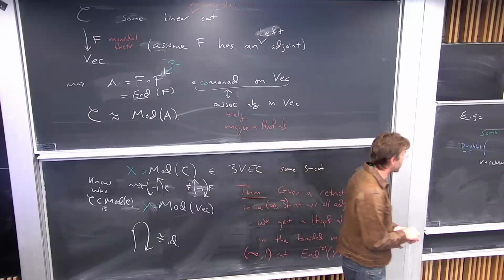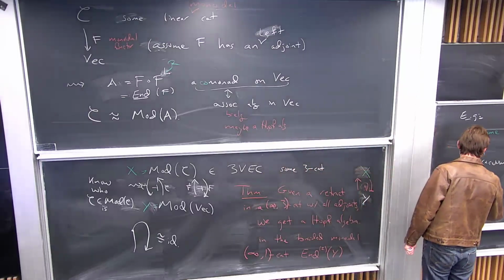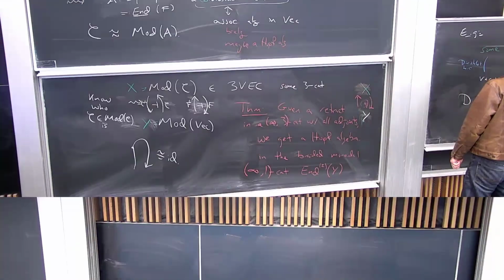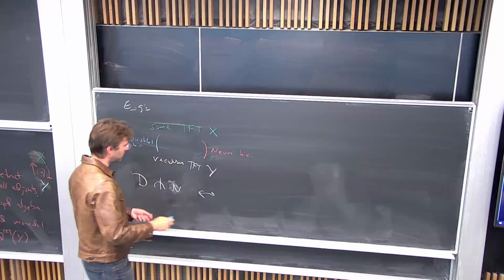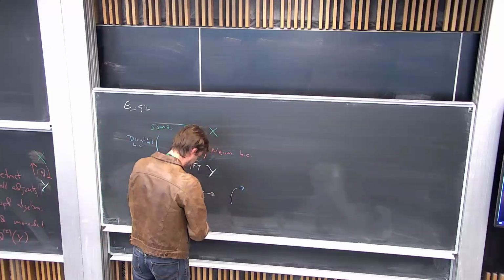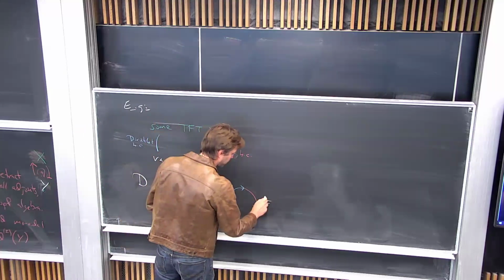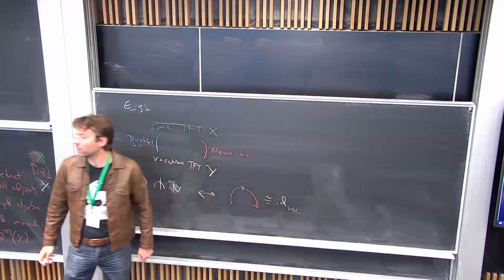The fact that Dirichlet intersects Neumann transversely corresponds categorically to the fact that if you go around this circle, that's just the identity. That's a way of encoding the transverse intersection.